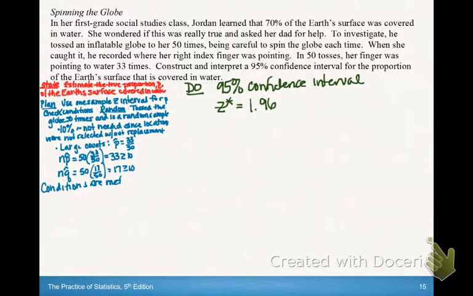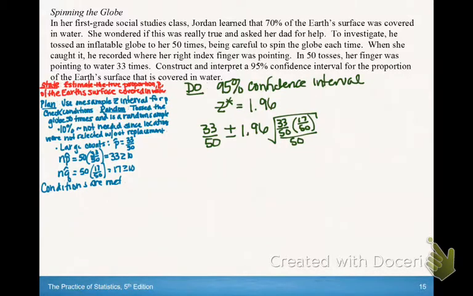So we take our p hat, which is 33 out of 50, plus or minus 1.96 times the standard deviation, which is the square root of p hat times q hat divided by n. And this is all under the square root, the whole thing.